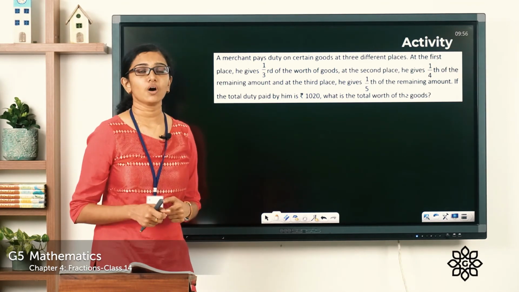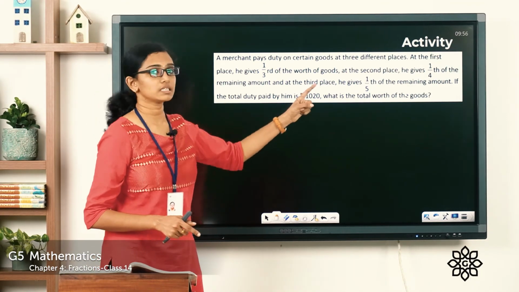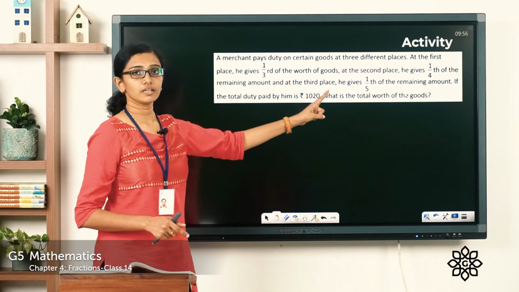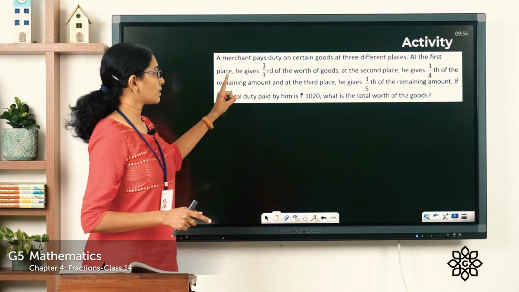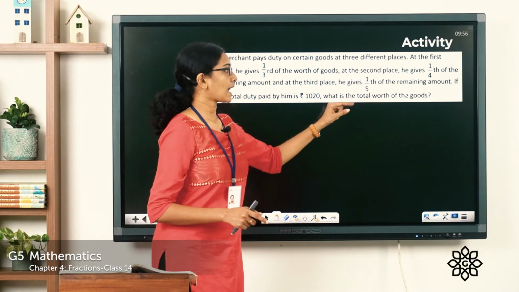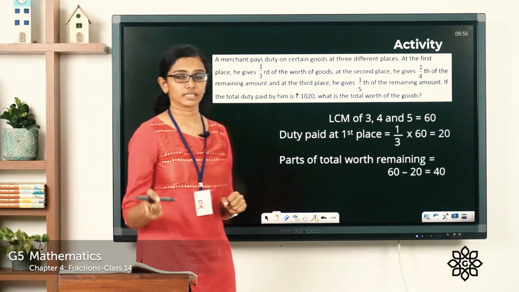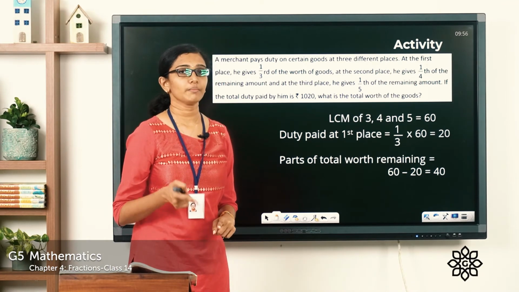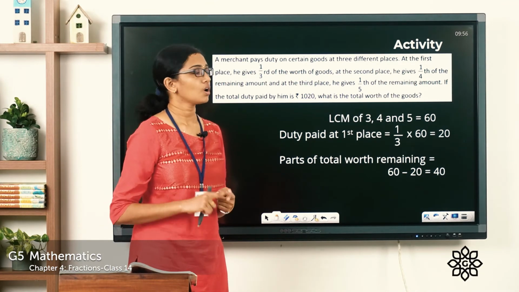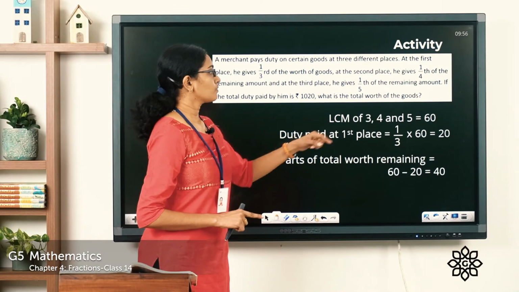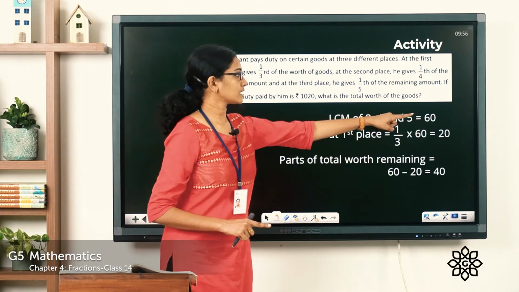Let's find out the LCM of these 3 denominators. So what is the LCM of 3, 4 and 5? The LCM of 3, 4 and 5 is equal to 60. You can find out the LCM either by factorization method or short division method. So we have found out the LCM as 60.